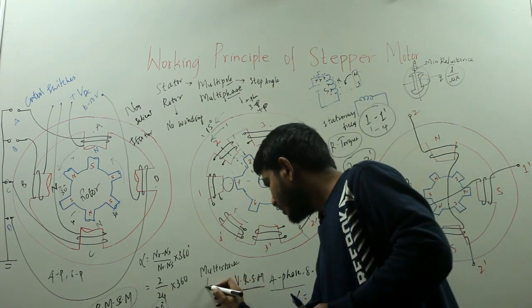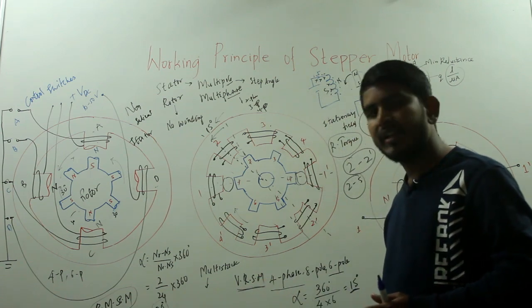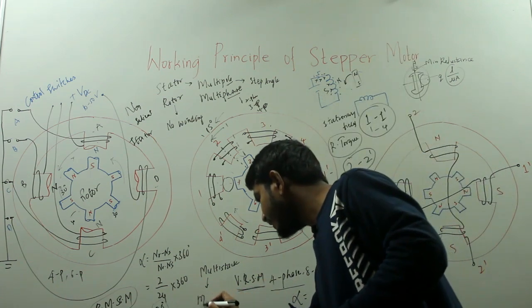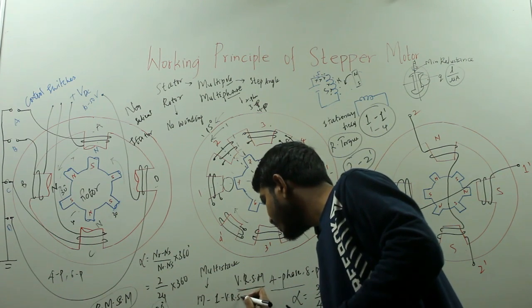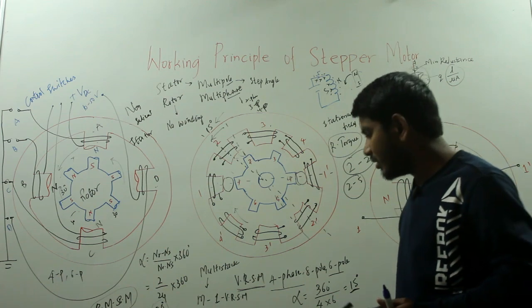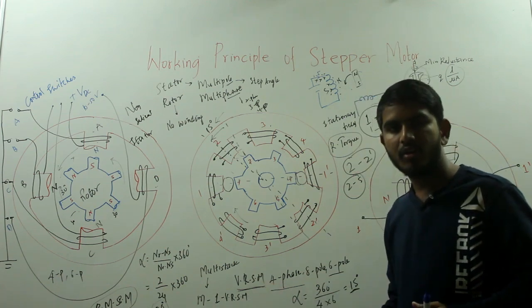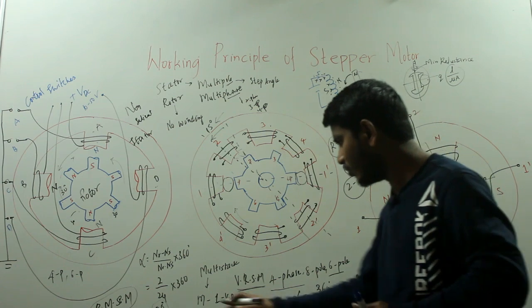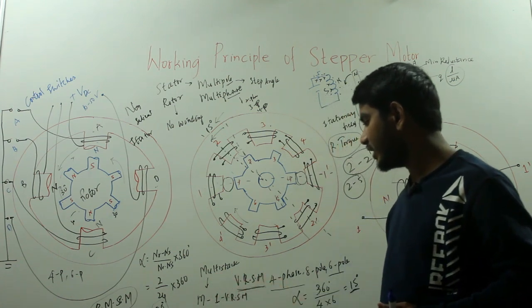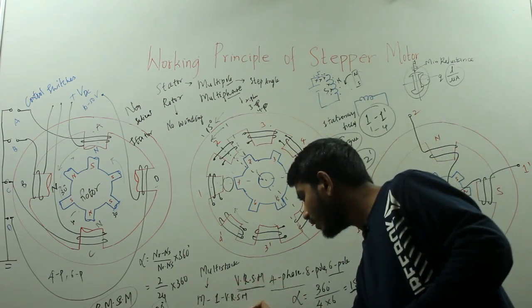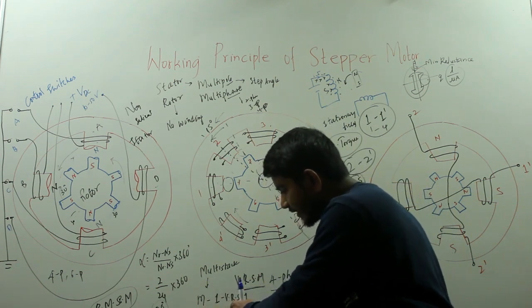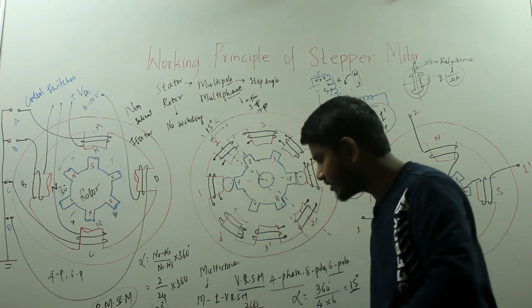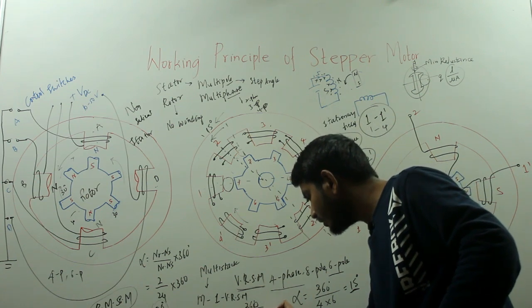A multi-stack variable reluctance stepper motor can be considered to be M identical single-stack variable reluctance stepper motors where the rotors are mounted on the same shaft. For the multi-stack VRSM, if I calculate alpha, your alpha will be equal to 360 degrees divided by M, where M is the number of identical single-stack variable reluctance stepper motors, into the rotor teeth NR.